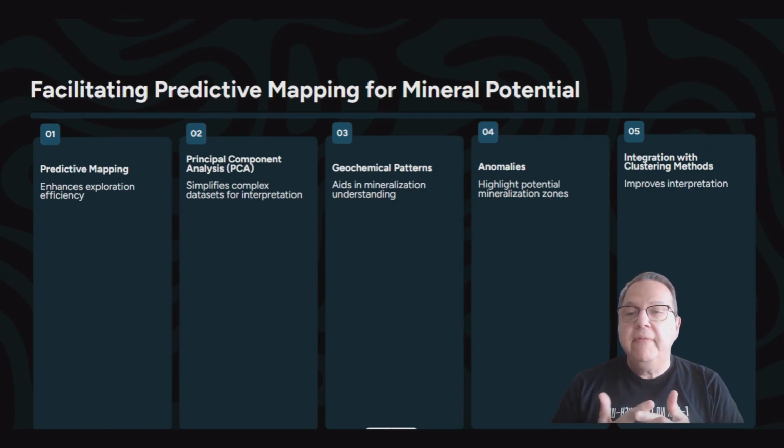The predictive map, of course, enhances the efficiency of the exploration. The principal component analysis simplifies the data. Geochemical patterns aid in the identification of mineralization and the determination of the anomaly. And when you integrate all that, you get an improved interpretation of your data set.